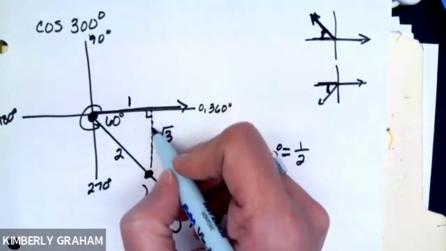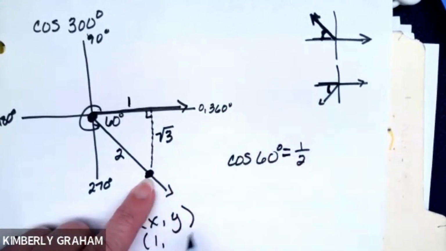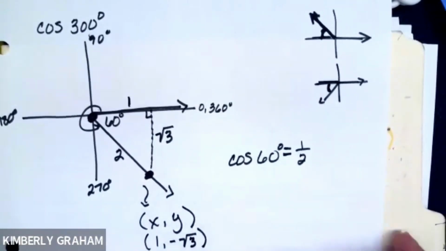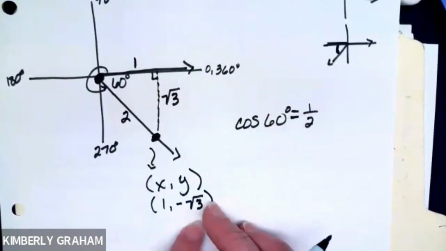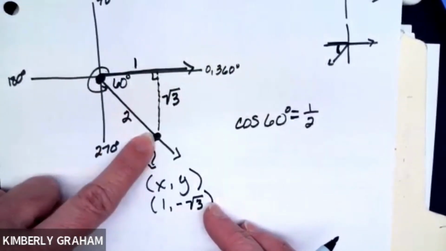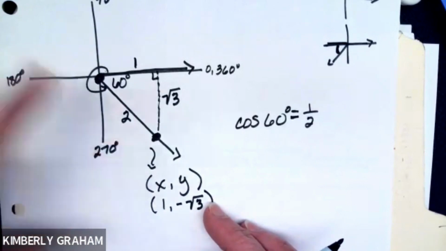The y coordinate for this point would be negative square root of 3. So now I know a point that's on this terminal side of the angle that I'm looking for, 300 degrees. So now I can find sine, cosine, and tangent of 300 degrees.